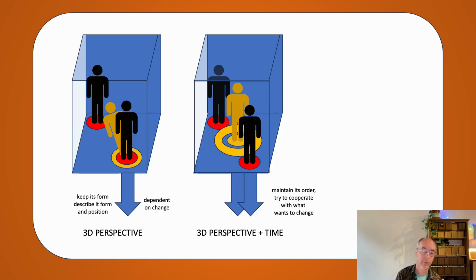The first region is compared to the materialistic world, the three-dimensional world, where you place the objects and where you form the objects. It is a very simple perspective, and there you can describe its position and its form.